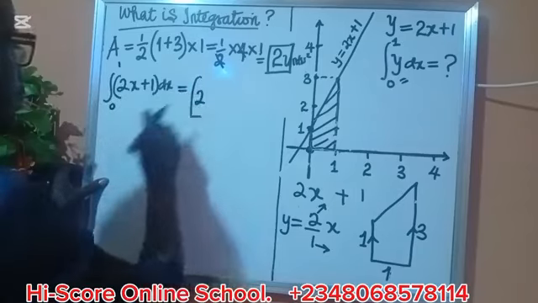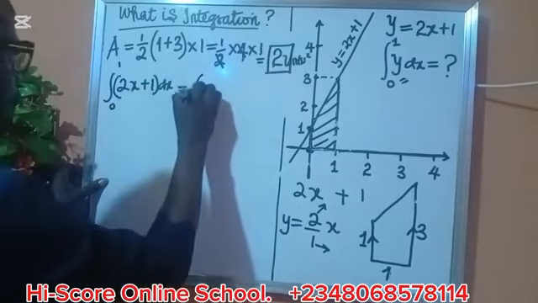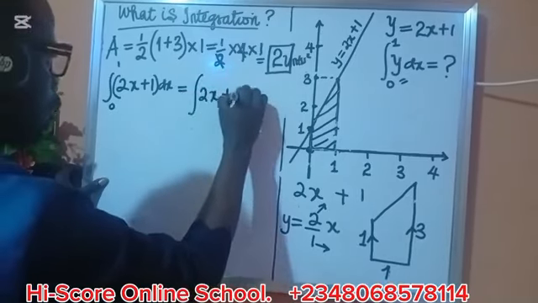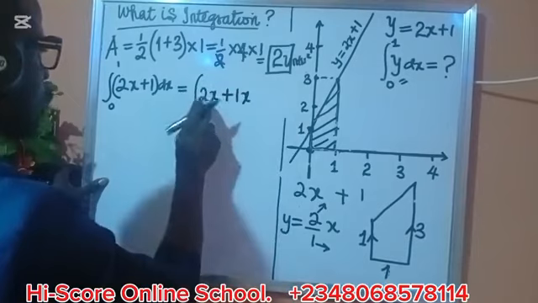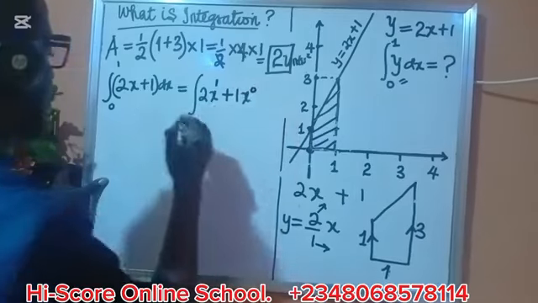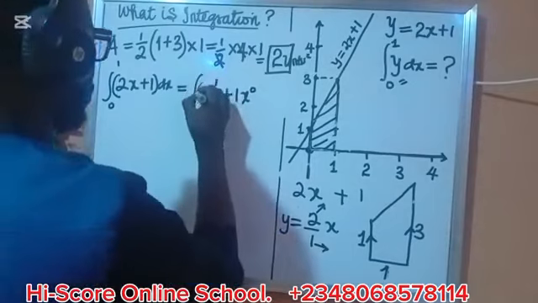Before then, we can write this as the integral of 2x to the power 1 plus 1x to the power 0. If you don't get this, check out our previous videos. With respect to x.